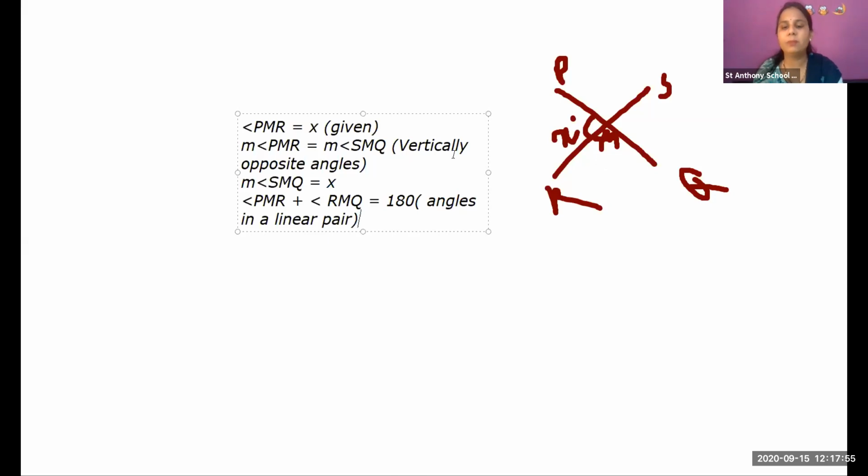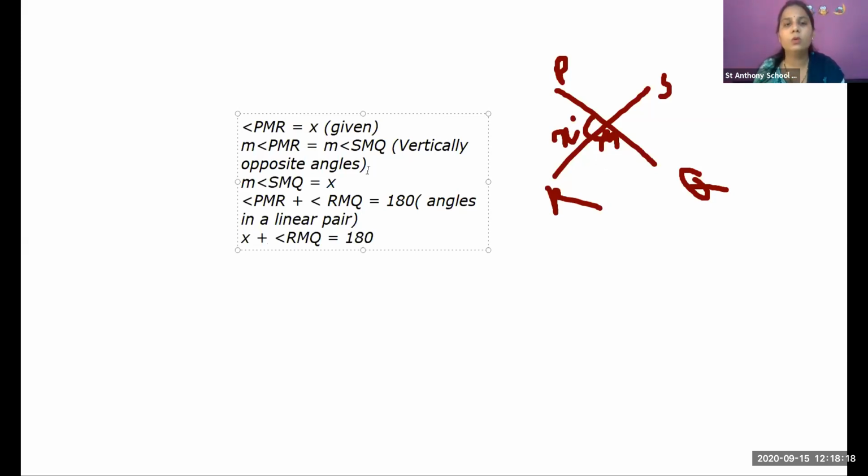Now measure of angle PMR is equal to what? PMR कितना है? PMR, this is X, right? PMR जो है वो X degree है, right? Plus angle RMQ we have to find out. RMQ जैसे कि वैसा रहेगा, right? RMQ is equal to what? 180 degrees.